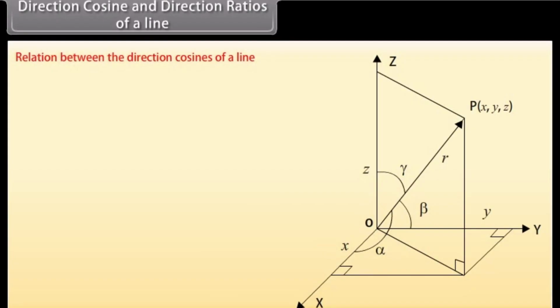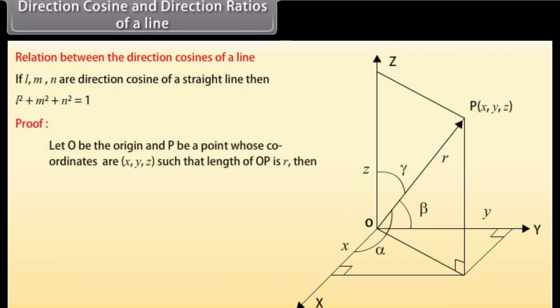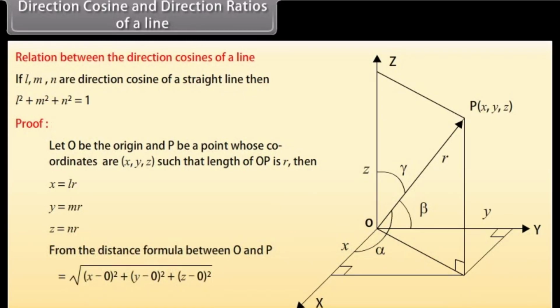Relation between the direction cosines of a line. If L, M, N are direction cosines of a straight line, then L square plus M square plus N square equals 1. Proof. Let O be the origin and P be a point whose coordinates are x, y, z such that length of OP is r, then x is equal to Lr, y equals Mr, z equals Nr. From the distance formula, the distance between O and P equals square root of (x minus 0) square plus (y minus 0) square plus (z minus 0) square.